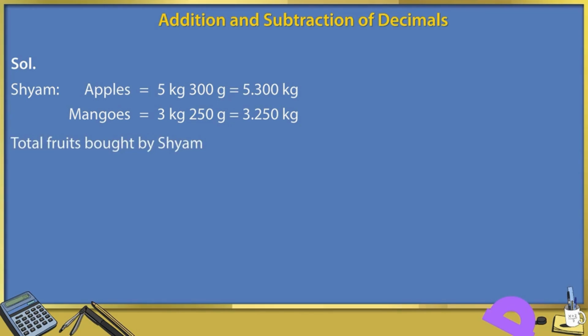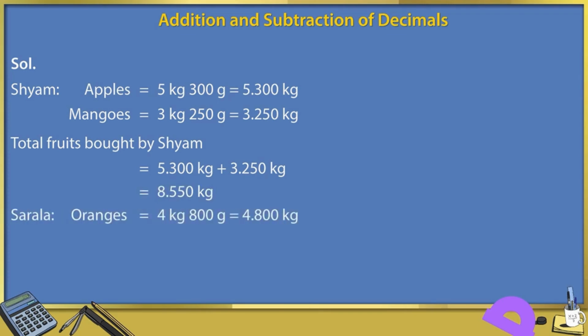Total fruits bought by Shyam is equal to 5.300 kg plus 3.250 kg, which is equal to 8.550 kg. Sarla. Oranges is equal to 4 kg 800 gram is equal to 4.800 kg. Banana is equal to 4 kg 150 gram, which is equal to 4.150 kg.